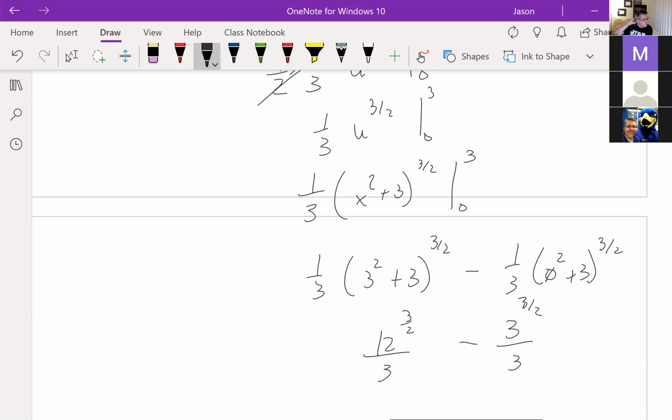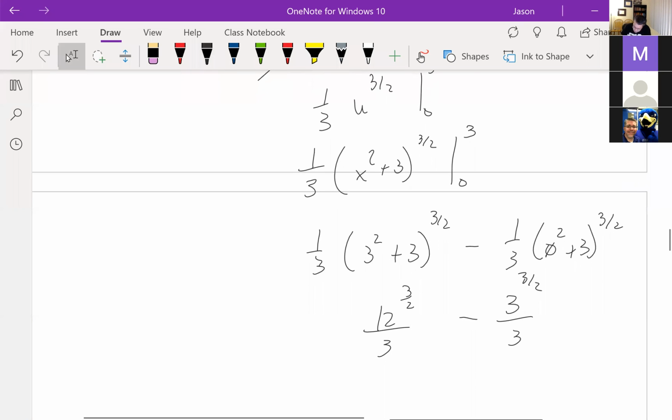Okay, so we can plug that into a calculator. 12 raised to the 3/2. 3/2 is 1.5, right? So I could have just raised this to the 1.5 power.